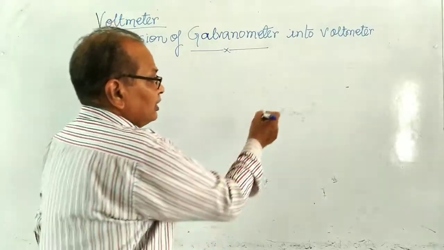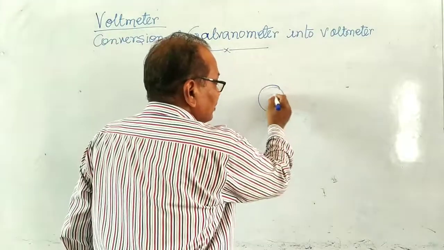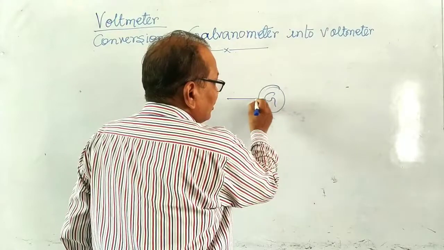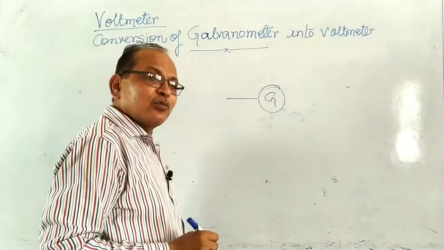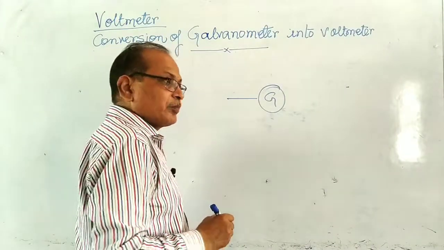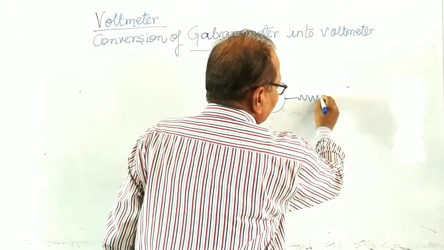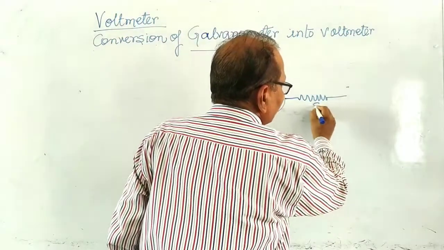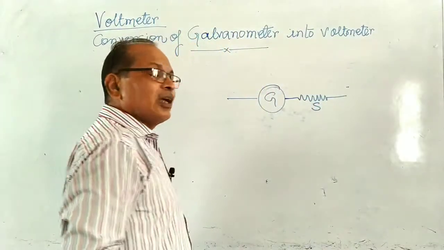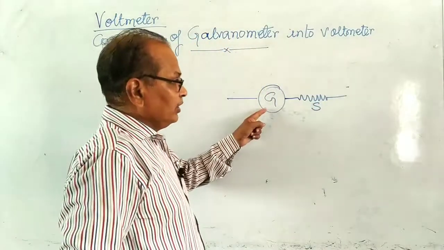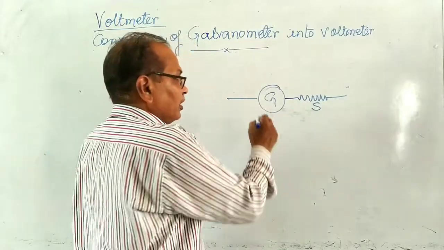For example, if this is a galvanometer and you want to convert this galvanometer into a voltmeter, then you have to connect a high value of resistance S with the galvanometer.